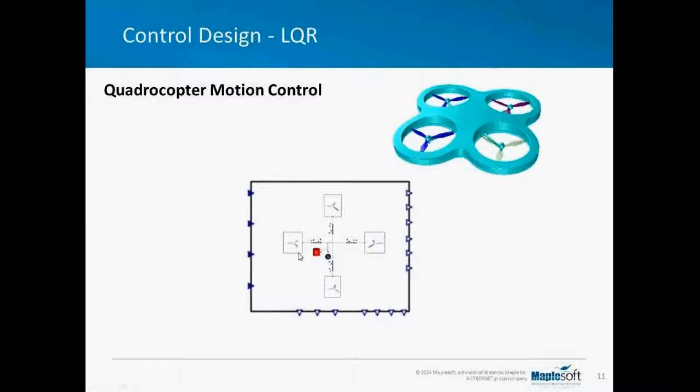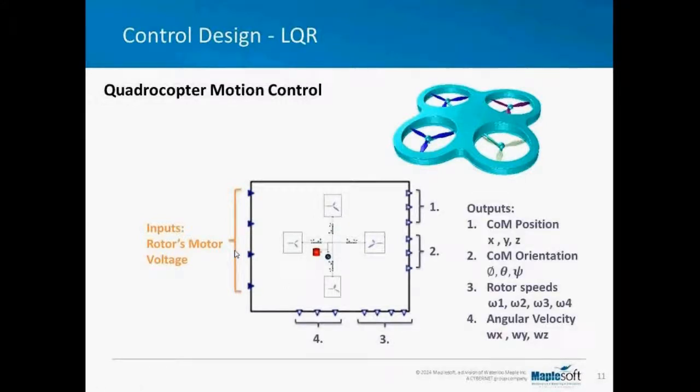Within each of these subsystems, there are 4 DC motors that are powering the system. The inputs to this system are the rotor's motor voltage, so that's for each one. And then we have a set of outputs. The first set representing the center of mass position, then the center of mass orientation, the rotor speeds, and then the angular velocity.